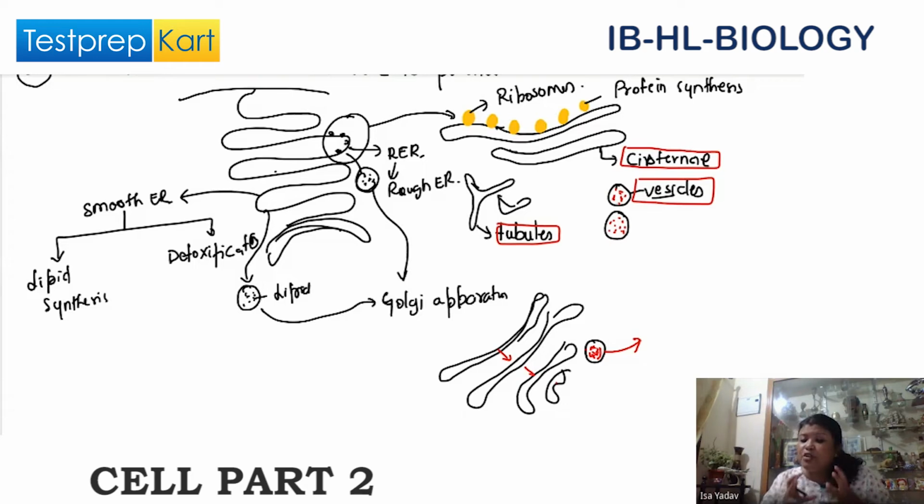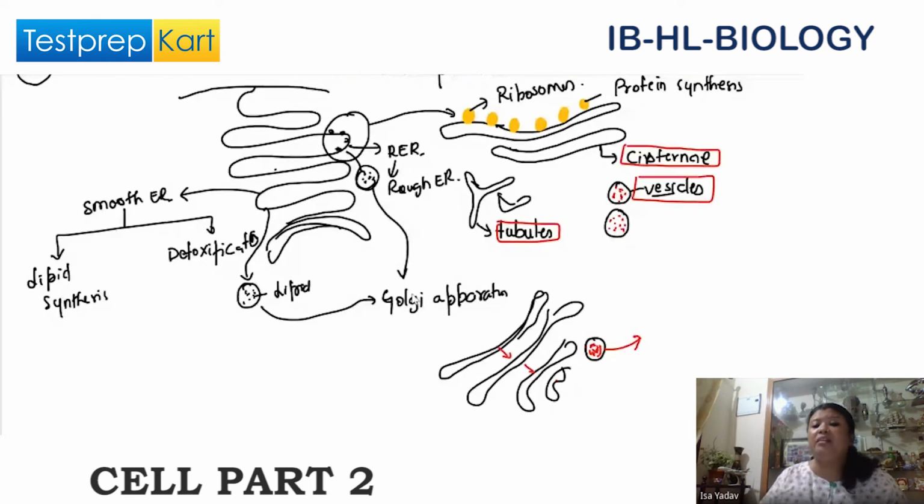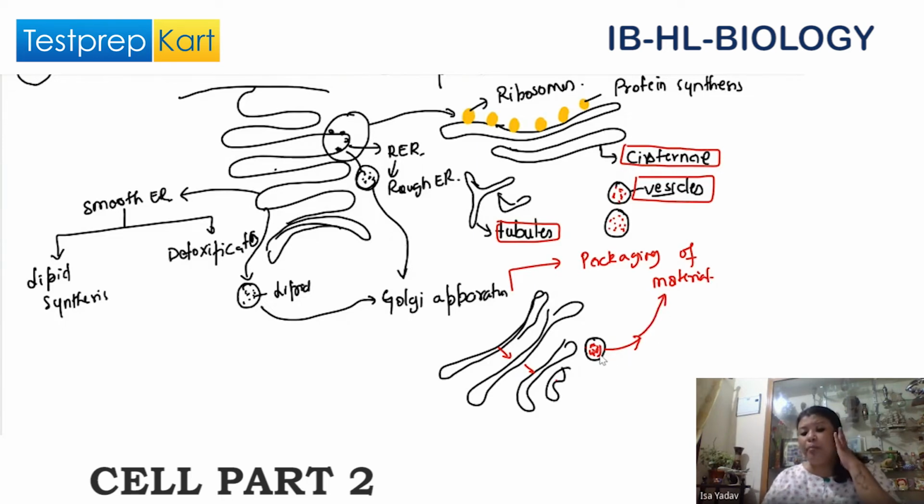Then it sends them in vesicles into the Golgi apparatus. The Golgi apparatus will modify them. The function of the Golgi apparatus is packaging of materials, packing them into complete form.